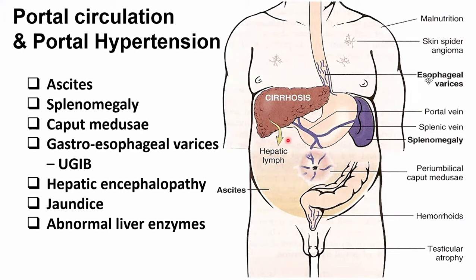This is the portal circulation, the portal vein. It goes to the liver, and then to the hepatic veins and the systemic inferior vena cava. Pero pag barado siya, nag-accumulate yung blood inside the portal circulation, and what will happen? Mamaga ang mga ugat nito.